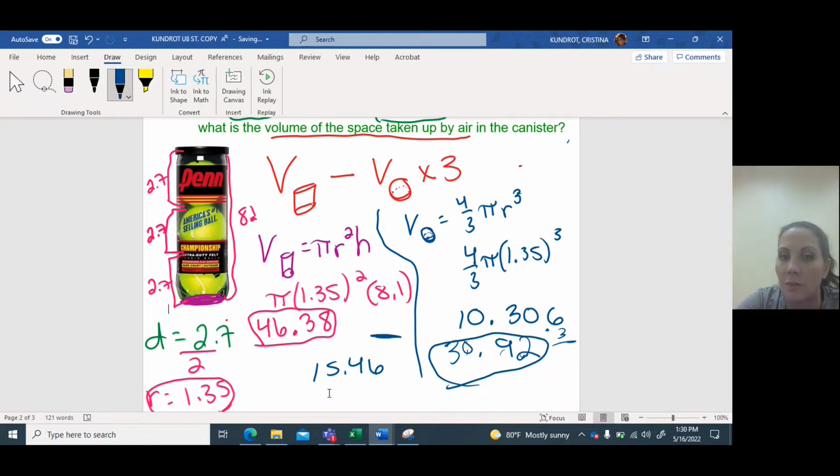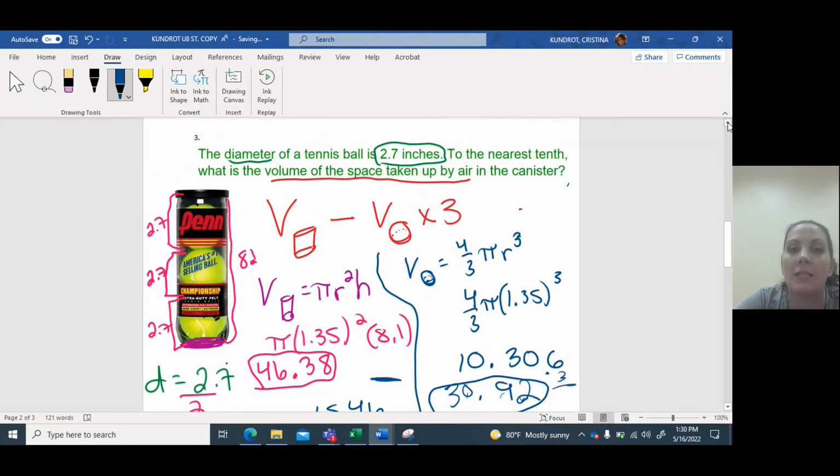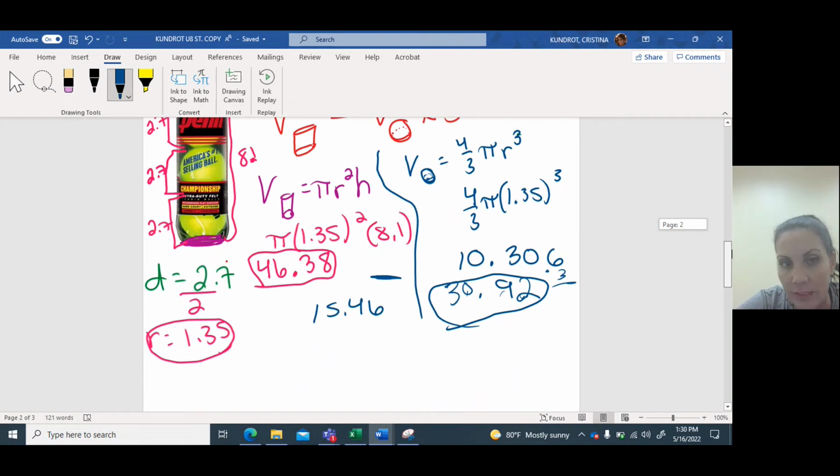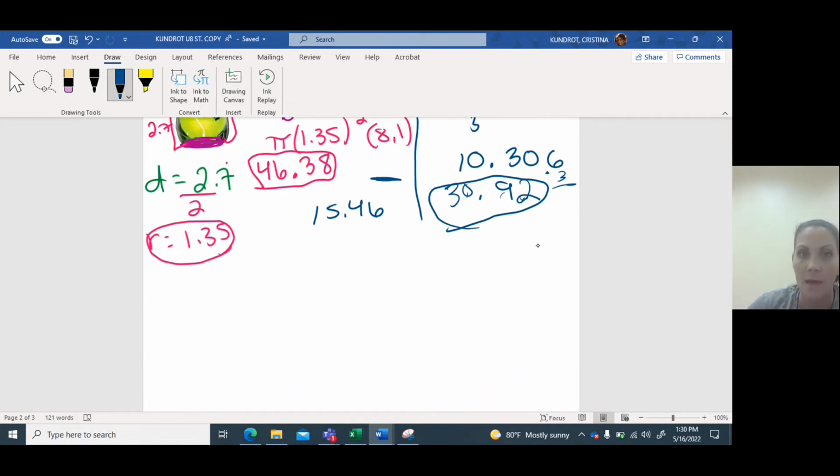But before I actually finalize that answer, I'm going to go back to the question and make sure I'm giving them what they asked for and how they asked for it. Oh, and they said to the nearest 10th, what is the volume of the space taken up by air? So what do I need to do with this information here?